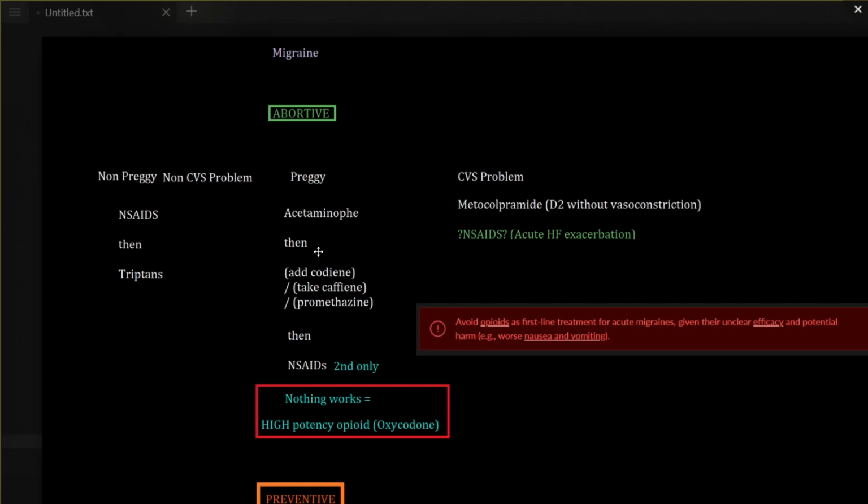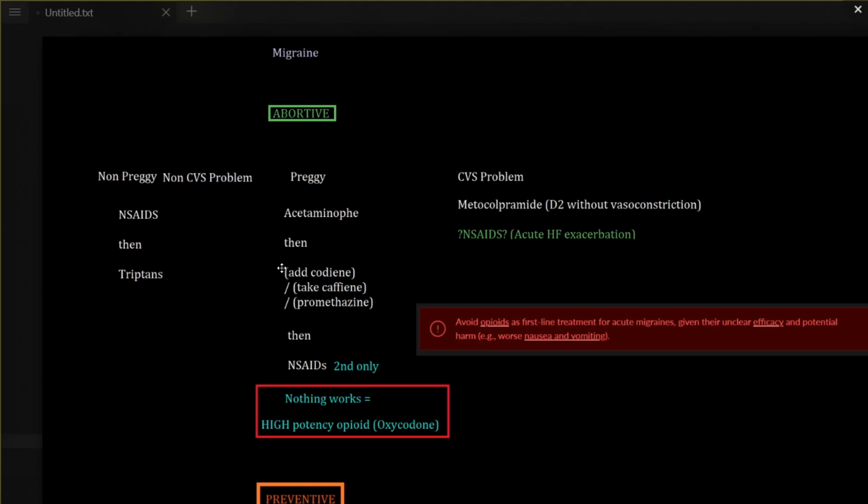Okay, so you are going to start with acetaminophen. If the patient is not responding, then you can add codeine. Why am I talking about codeine in particular? You want to choose a low potency opioid. Alternatively, you can ask the patient to try caffeine or maybe an antiemetic such as promethazine.